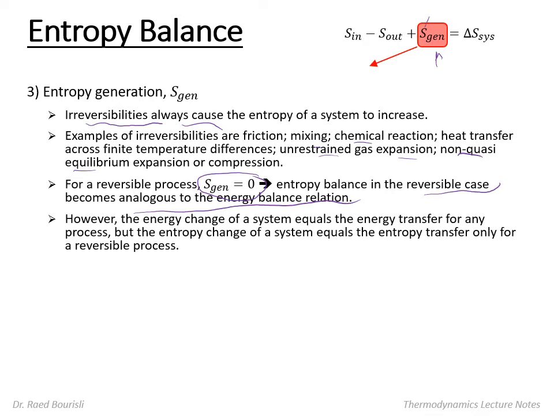If you can eliminate this, then energy in minus energy out equals delta energy for the system for a reversible process. However, the energy change of a system equals the energy transfer for any process, but the entropy change of a system equals the entropy transfer only for a reversible process, like we said a moment ago.